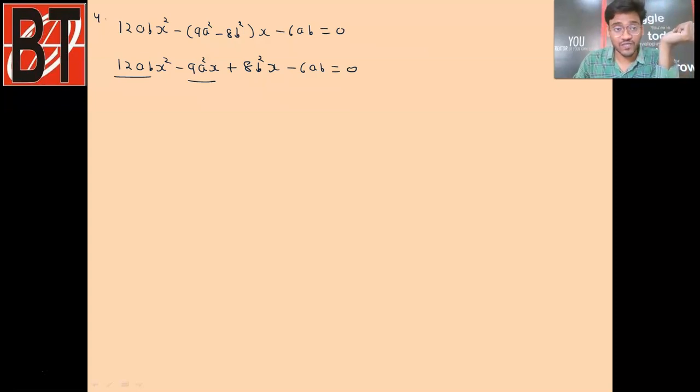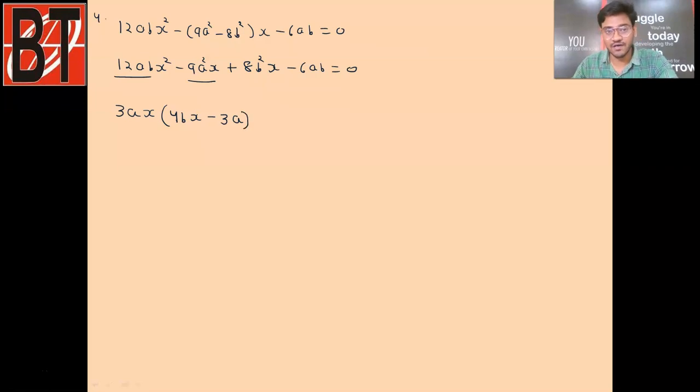So the common is 3ax. Inside the bracket we will have 4bx. You may check, if you multiply you will be getting the same term. Minus 3a only because 3ax is common. So (4bx minus 3a) will be there.